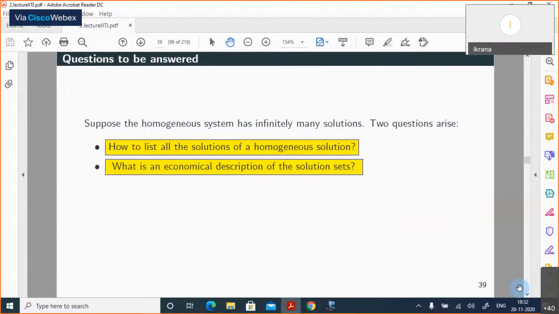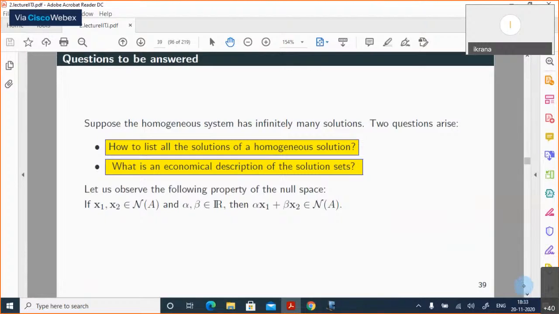Okay. To do that, let us make an observation that the null space has the following property. If x1 and x2 are in the null space N(A), then alpha x1 plus beta x2 is also in the null space.